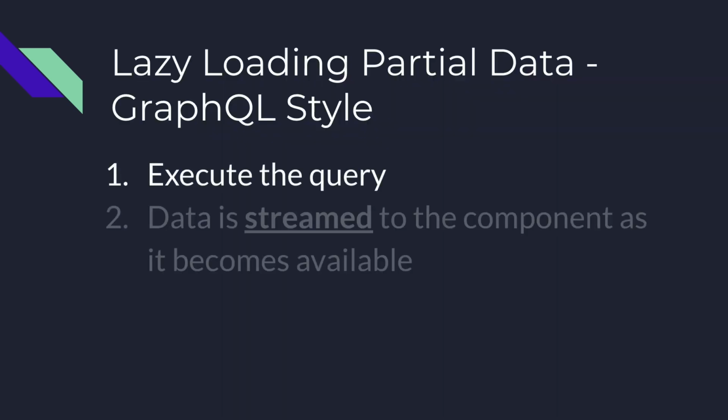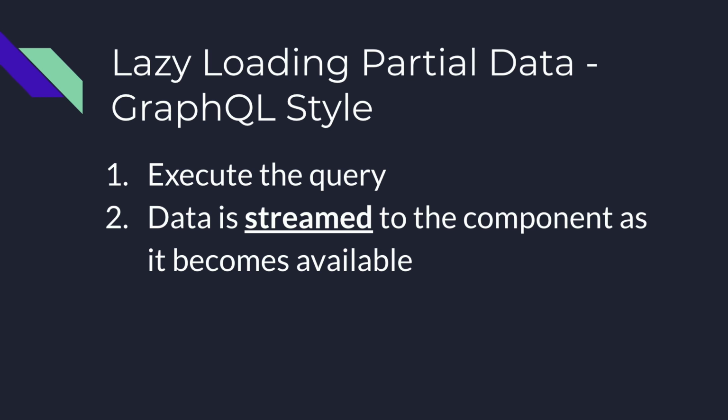The data is streamed to the component. I have not written any lazy loading part to manage the data which I want to lazy load. It's completely streamed to the client, and it's completely configurable. If the product requirement comes that I have to lazy load some other parts of data, I can just write @defer there.